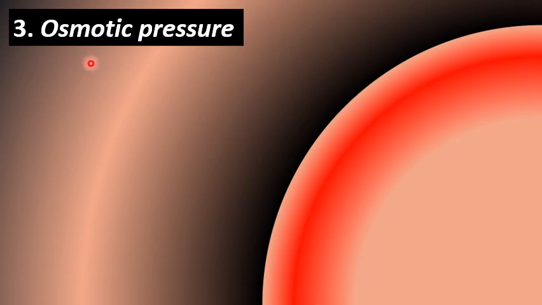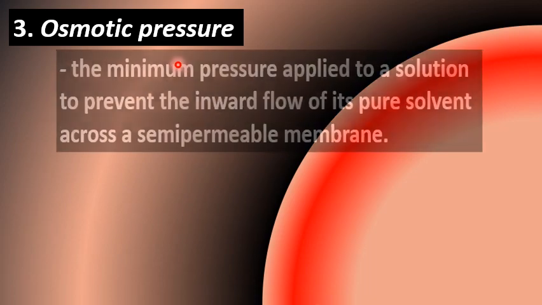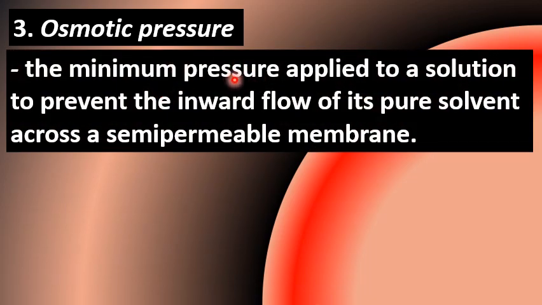The third colligative property we'll discuss is osmotic pressure, denoted here by the symbol pi. All right, so osmotic pressure refers to the minimum pressure applied to a solution to prevent the inward flow of its pure solvent across a semi-permeable membrane.